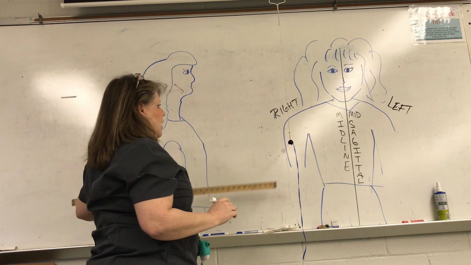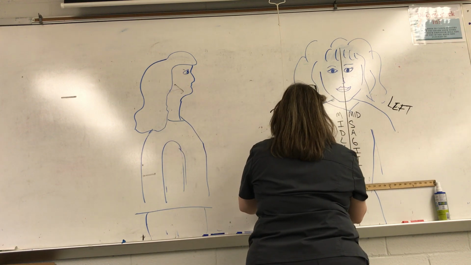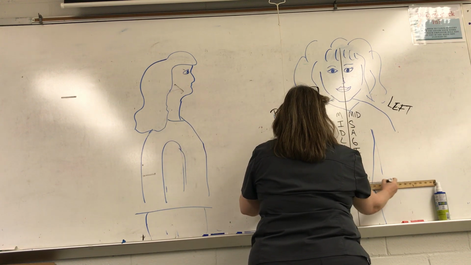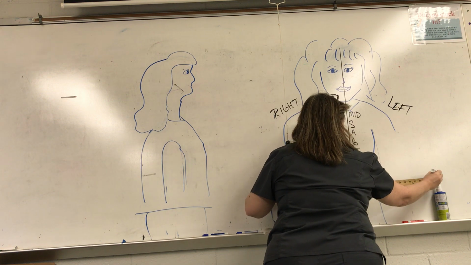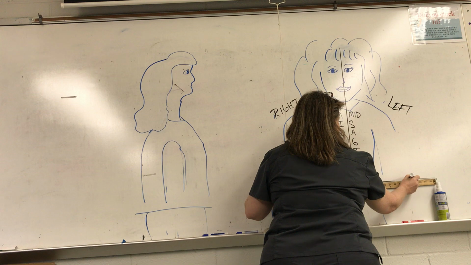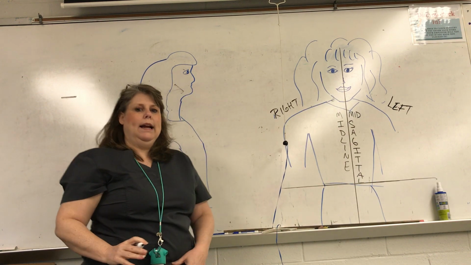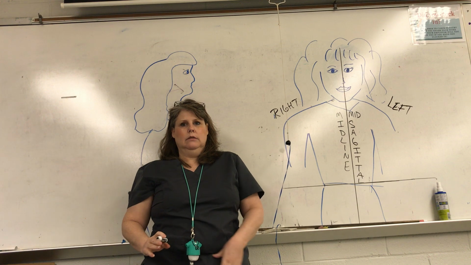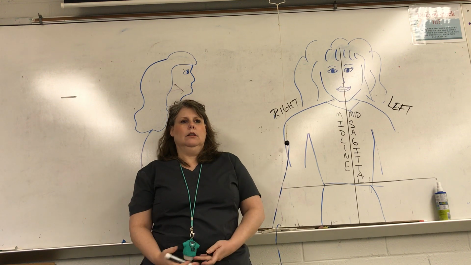We have another line that divides us top from bottom. This line is around the belly button area, not exactly, but just kind of right in the waist here.